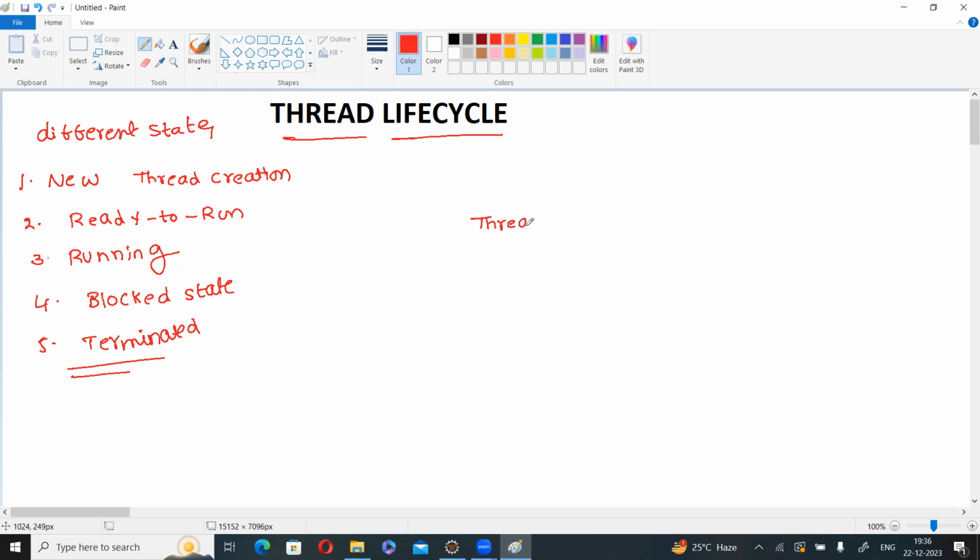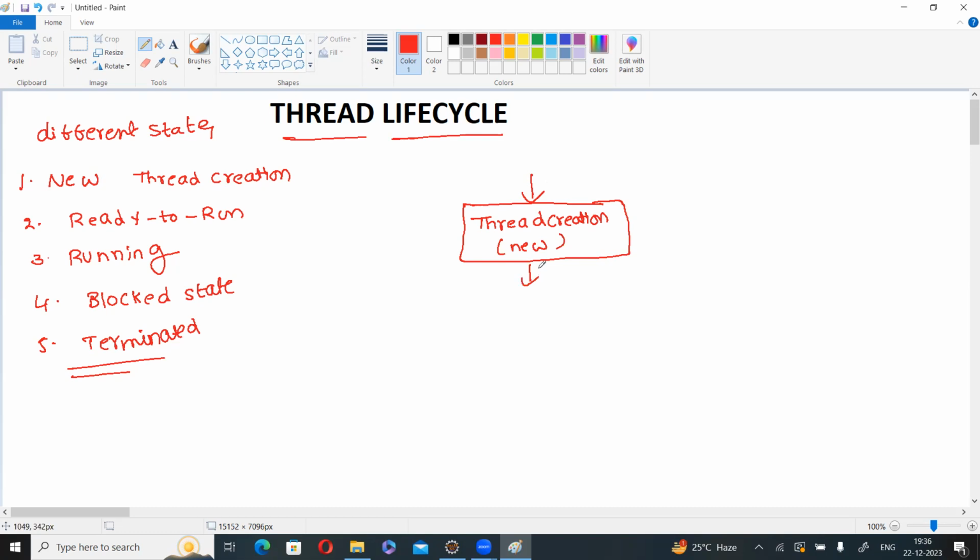Initially, the thread is thread creation. What is meant by thread creation? A new thread is created in your system. Simply, a new thread is created. It does not start any execution, just a new thread.